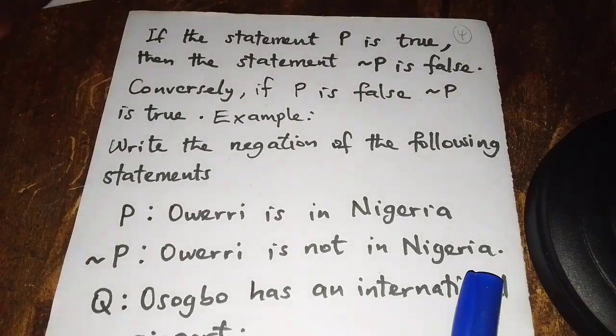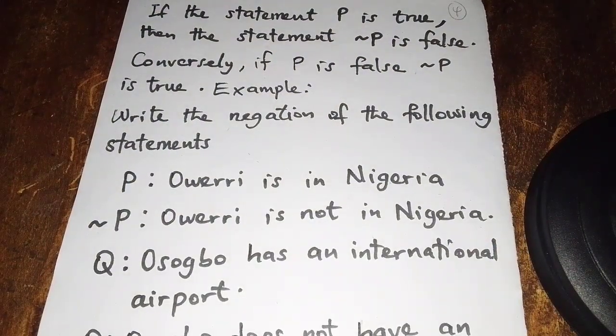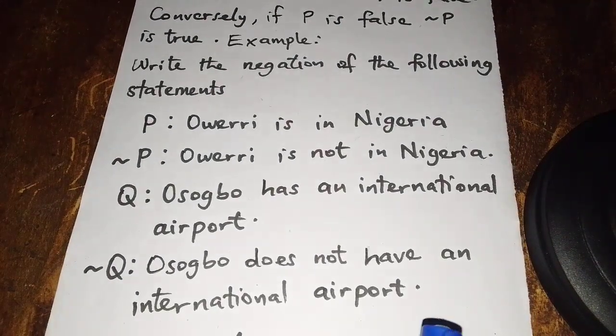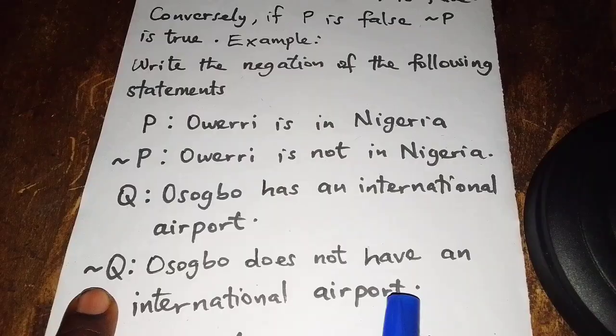If the statement Q is Osogbo has an international airport, the negation of this is Osogbo does not have an international airport. So you use this sign to show negation of P, the opposite of what you are talking about.